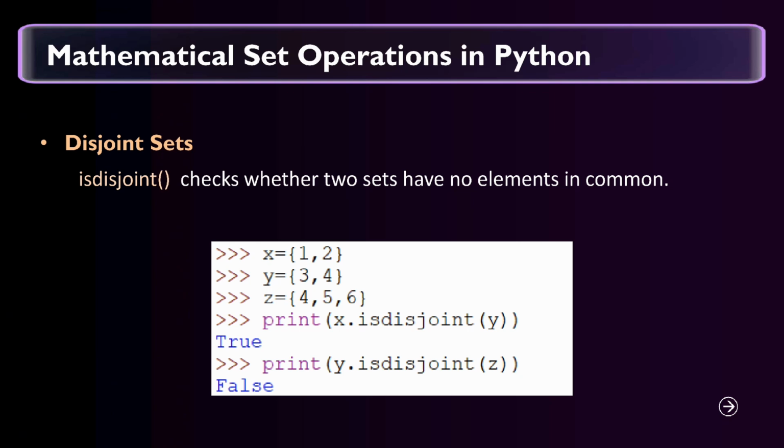And finally, the isDisjoint method checks whether two sets have no elements in common. These set operations are especially powerful when working with collections of data like tags, IDs, or categories.